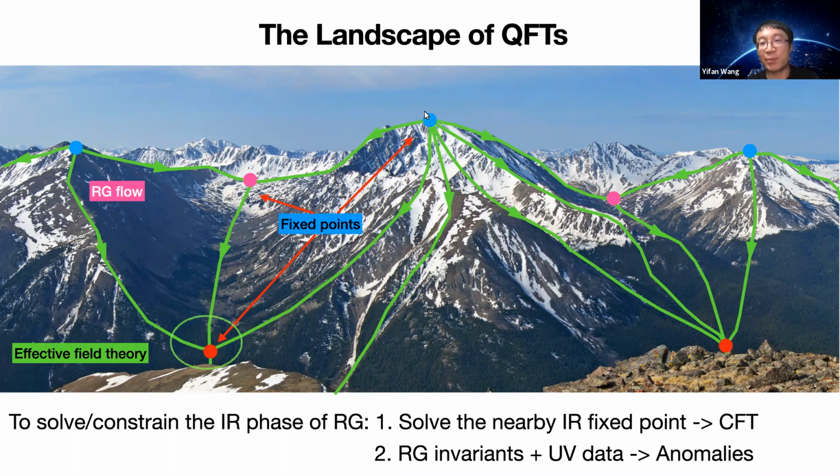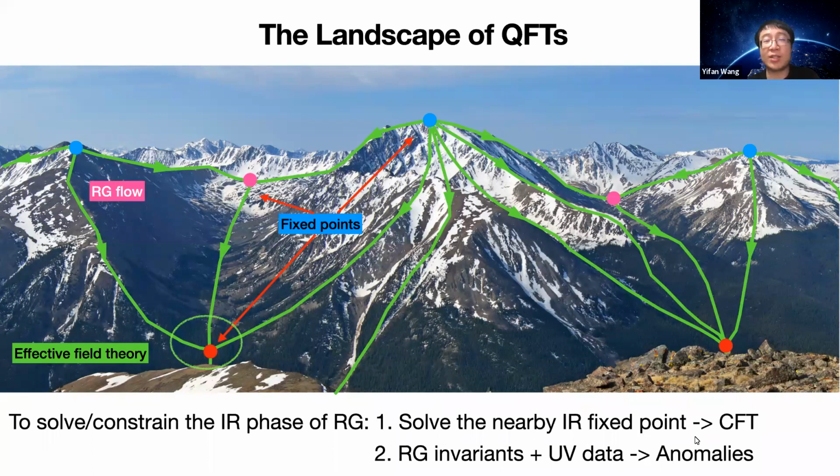This is also why perturbation theory breaks down when you do perturbation theory around this point. So one way to solve the problem is to directly attack the IR fixed point. The IR fixed point has enhanced symmetry, which is described as a CFT, which I'll say a little more about. And this will be one approach to proceed.